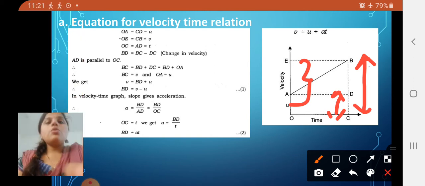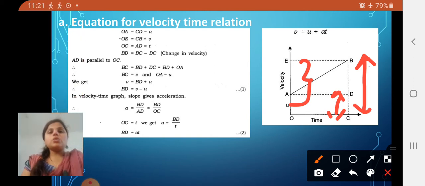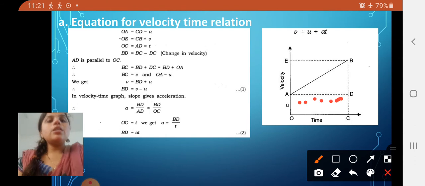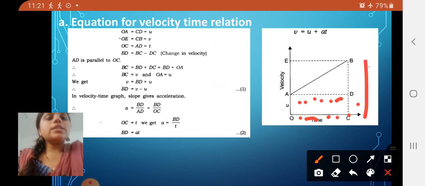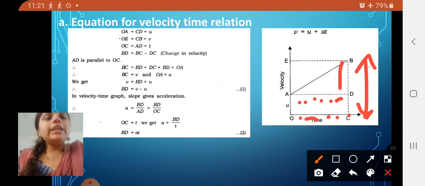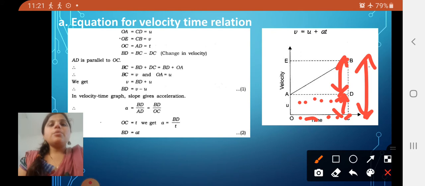Now we have to check what is parallel to what. Here AD is parallel to OC. Therefore, what is the BC line here? It is BD plus DC.